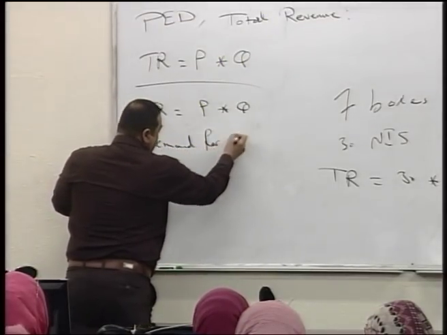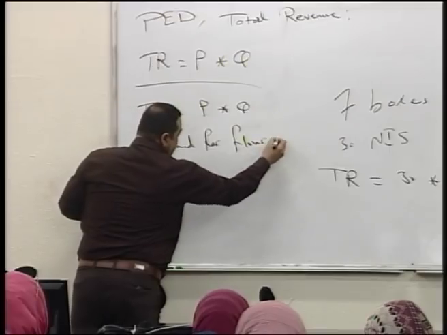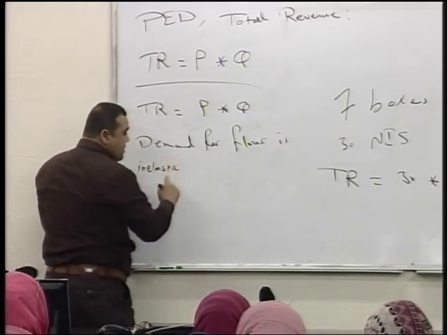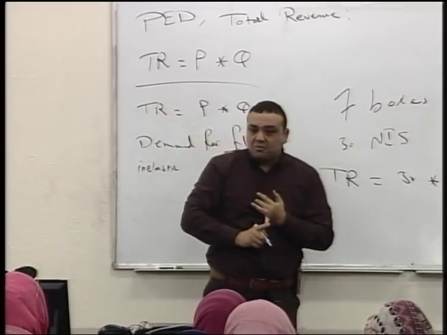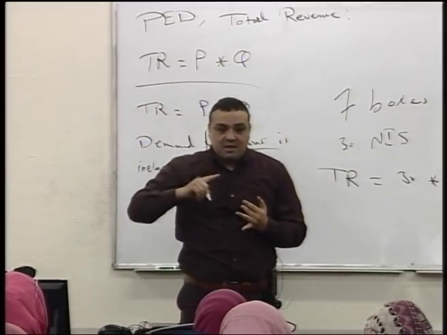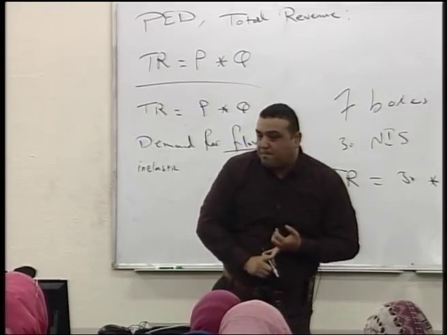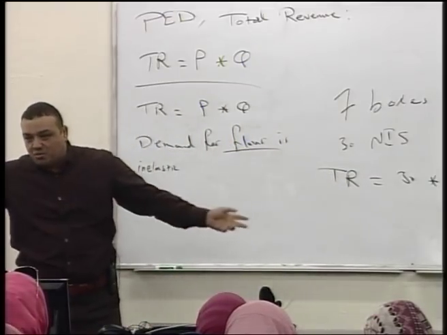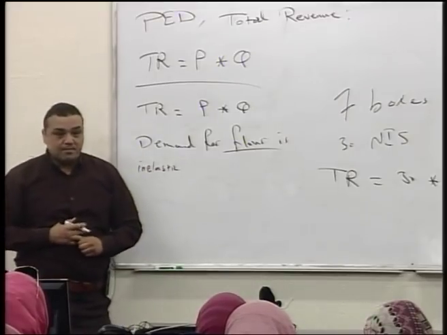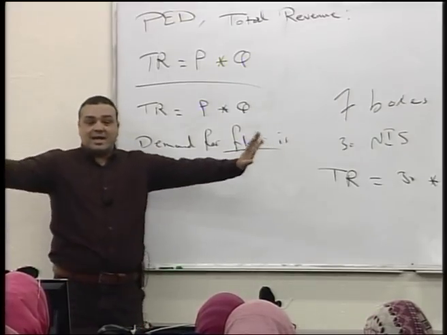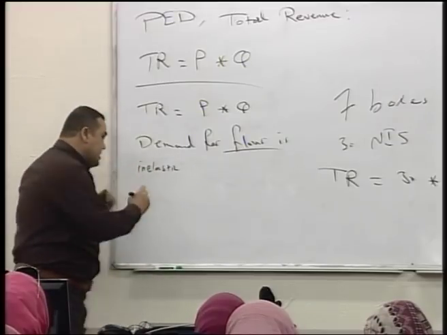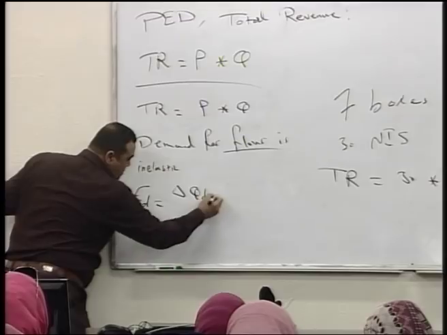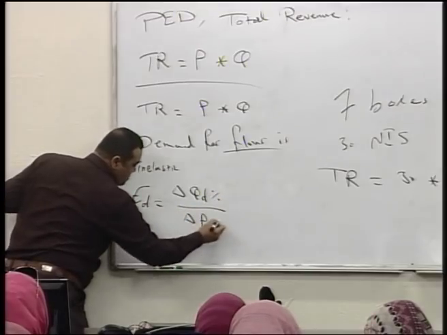Now, if the demand for flour is inelastic, the product is necessary for the consumer, he cannot give it up when the price goes up. And it has no substitutes or few substitutes. Right? So the demand for it is inelastic. In the elasticity of demand, the change in quantity demanded percent over the change in price percent.